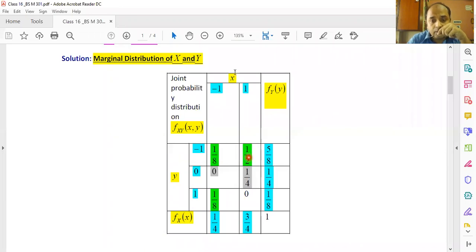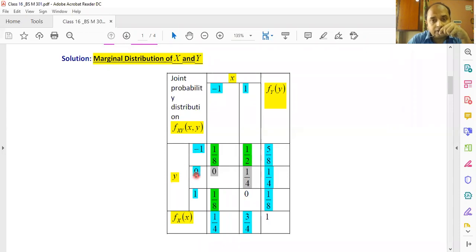That means we are taking the summation of the joint probabilities. Summation is taken over the values of X. When X equals -1, the joint probability is 1 by 8. When X equals 1, the joint probability is half. We are adding these two and we are getting 5 by 8, the first value of the marginal distribution of the random variable Y at Y equals -1.